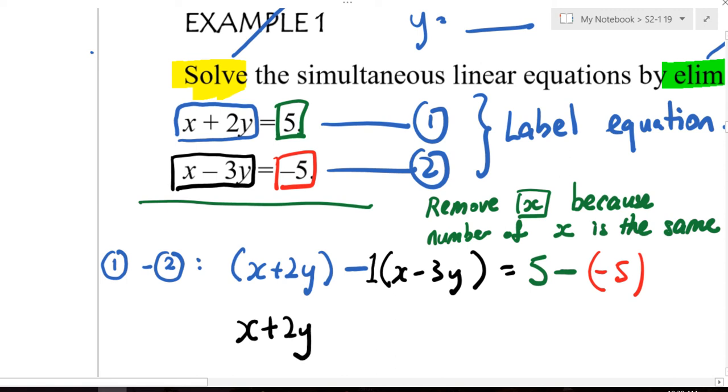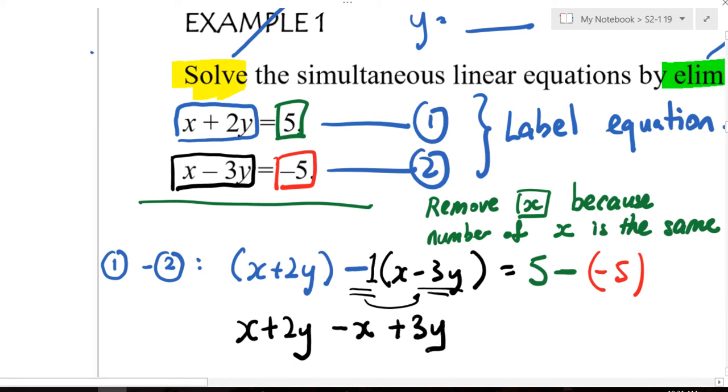Then I write down -1 times x. What do I get? -x or -1x. What about -1 times -3y? Plus or minus? Plus. Because bad person, bad thing happen, good. So this one is plus.